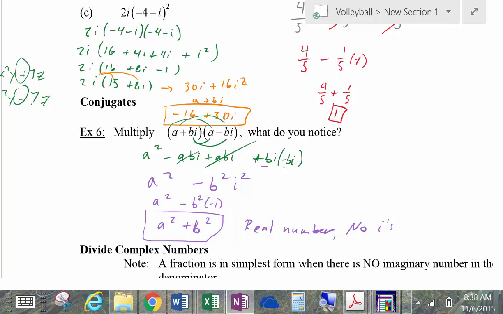So we know that it's always positive. a squared plus b squared, we're adding two positive numbers together. I guess it could be 0. It's always greater than or equal to 0. Okay, so if I want to eliminate an i, I can multiply by a conjugate.